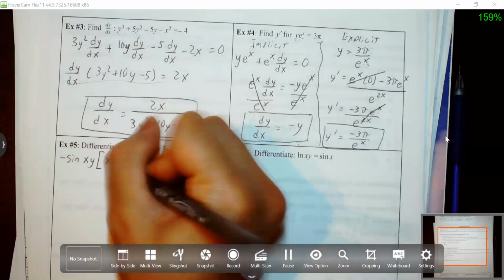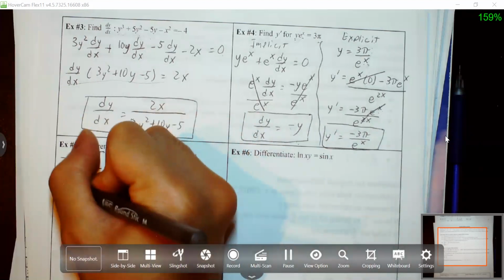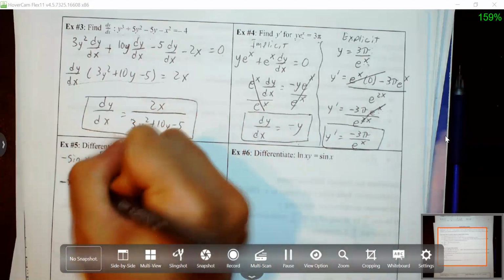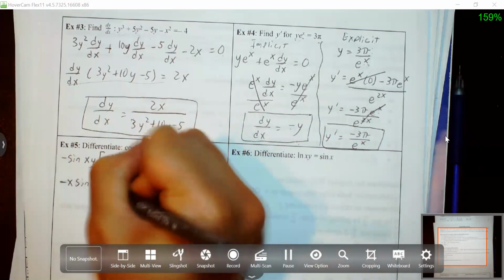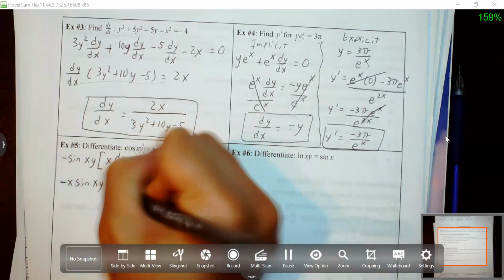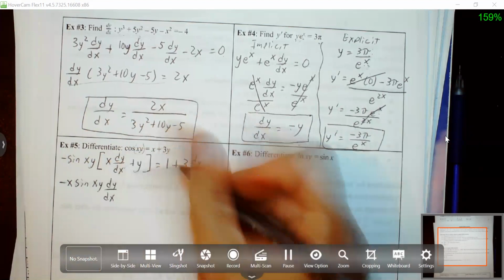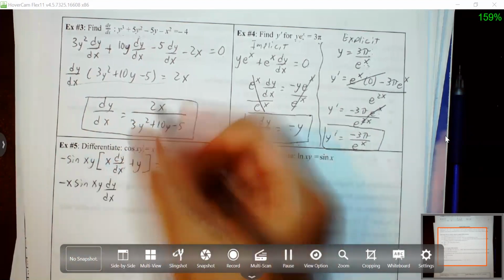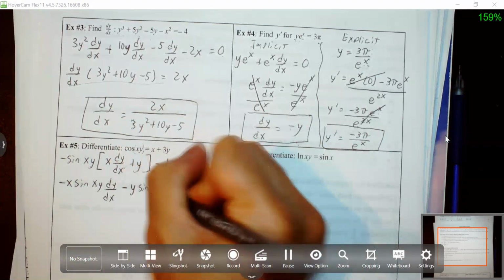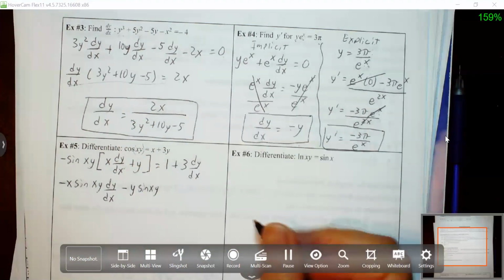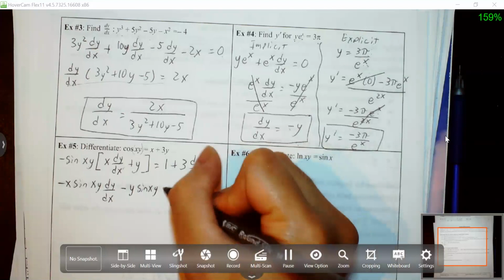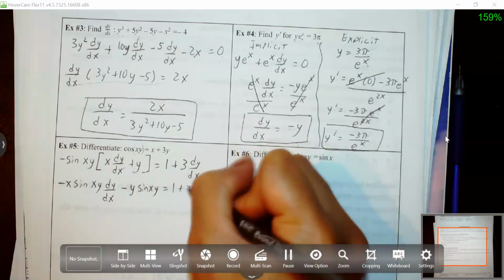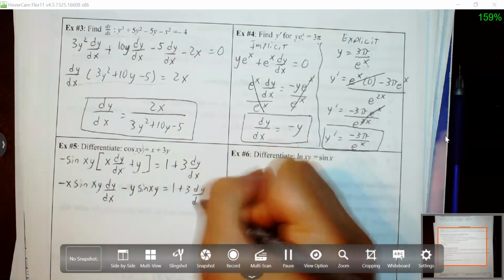And so I get x times negative sine xy is minus x sine xy dy dx. Multiply this times this, I get minus y sine xy. And I just leave this the same because I'm not doing anything here.